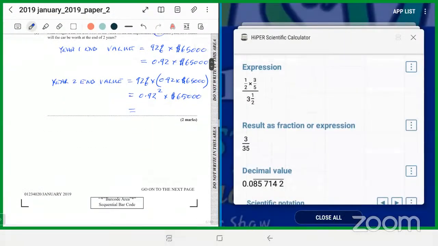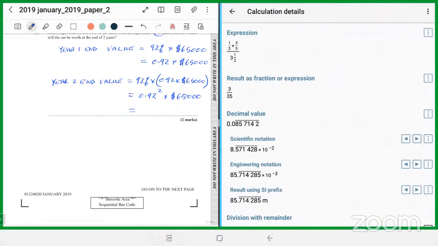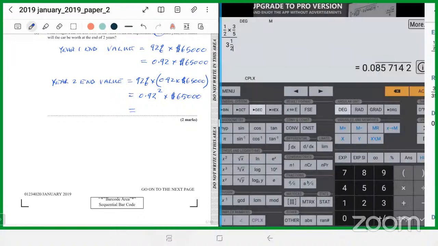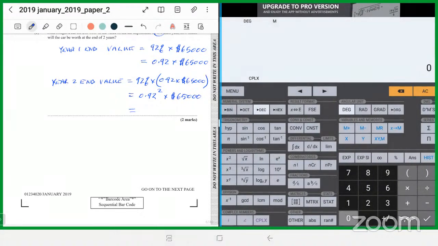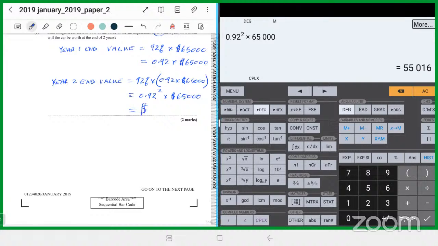But I'm going to put in 0.92 squared times 65,000, and the final answer here is 55,016. That's the final answer.